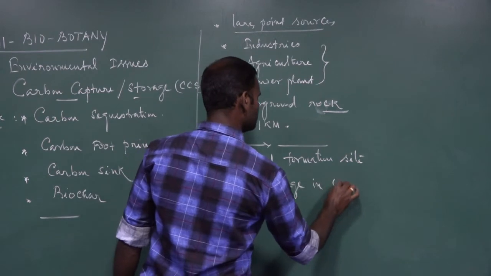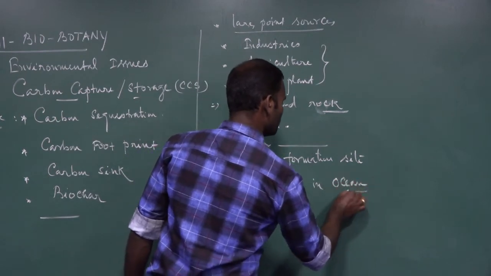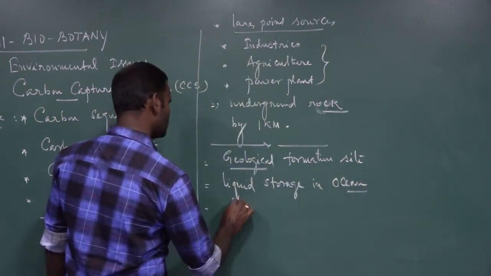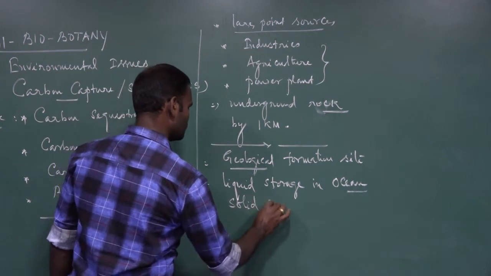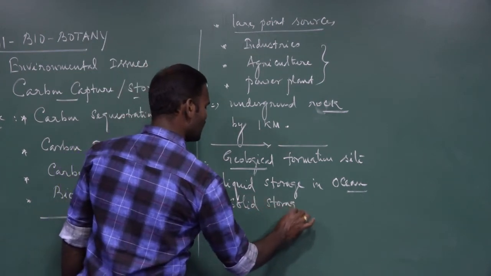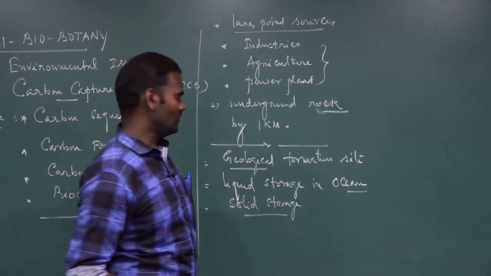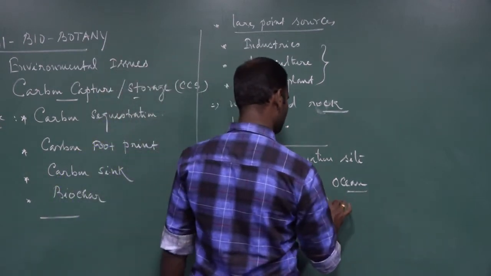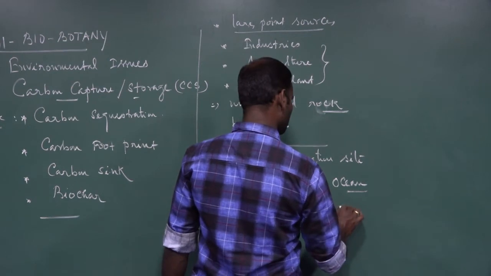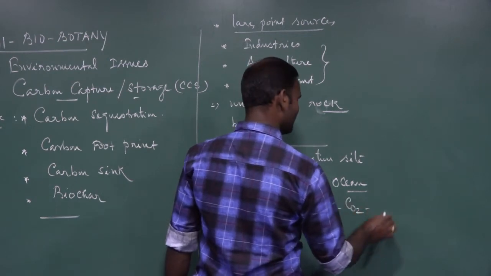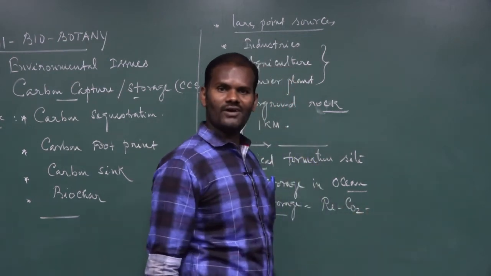in oceans, or maybe solid storage. How to store carbon dioxide in the solid state? By reduction of carbon dioxide with solid metals. Reduction, in the sense of addition of hydrogen and removal of oxygen.